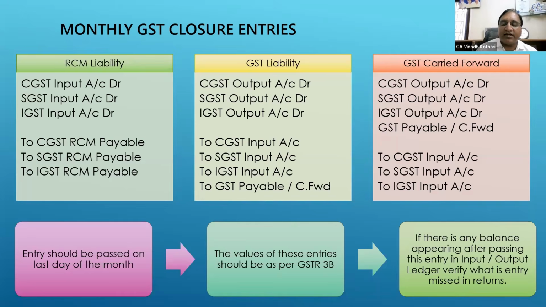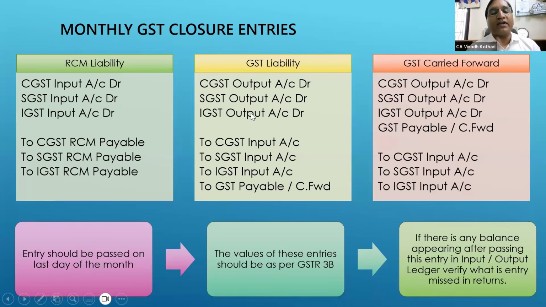So after filing the return, take your 3B. In the 3B, you have the first 3 values: CGST output, SGST output, IGST output. Then the next values you have: CGST input, SGST input, IGST input. Whatever output you have provided in the GST return, that value you provide against the output.